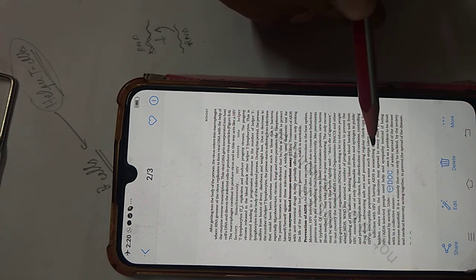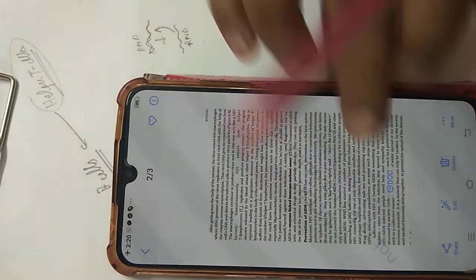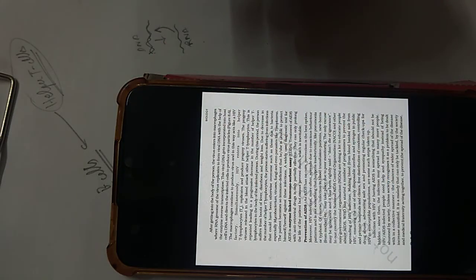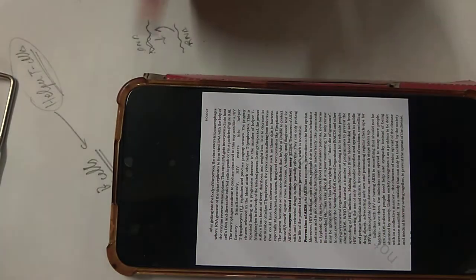How can you prevent AIDS? If you know how HIV spreads, you will be very well aware of how to prevent it. You have to avoid unprotected sexual contact, and use condoms, which you have in the reproduction chapter. Then a mother should be HIV free. People should be made aware at different levels.